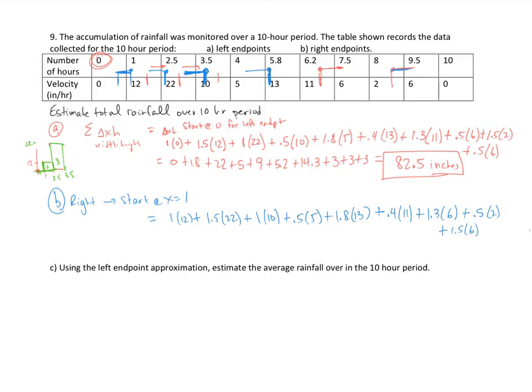Again, I'm going 1.5, but right endpoint would correspond to a height of 6, and then plus the 0.5 times 0.